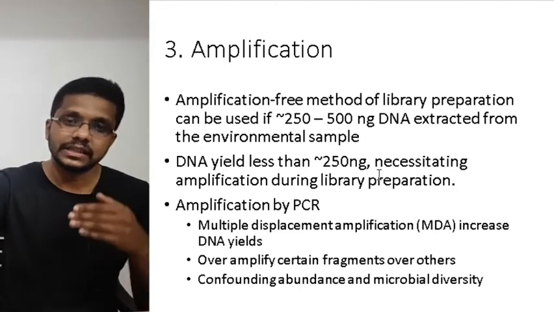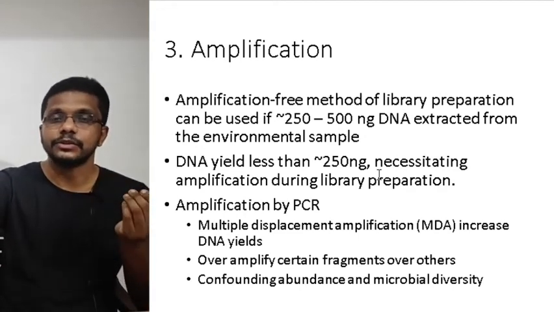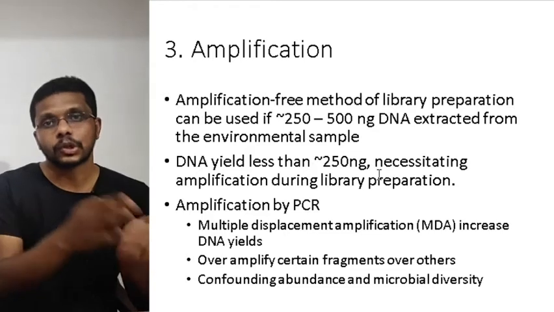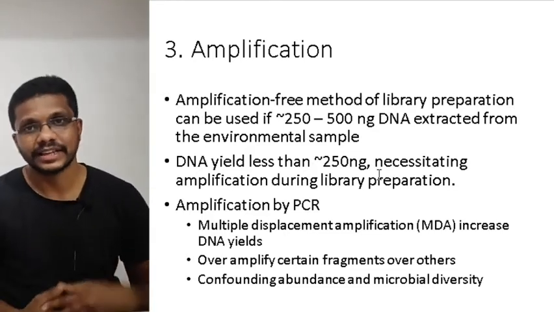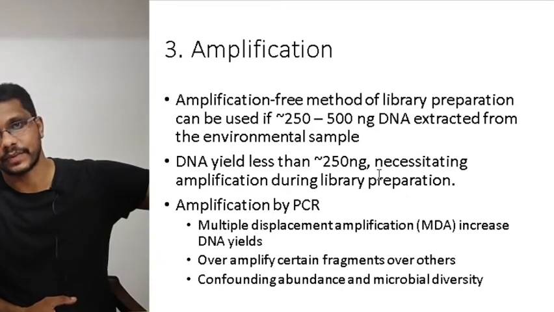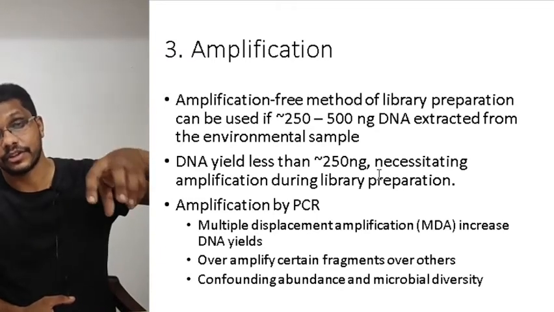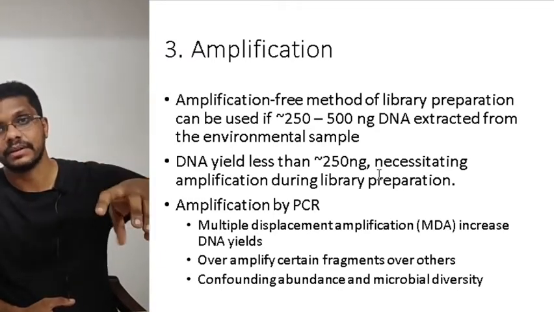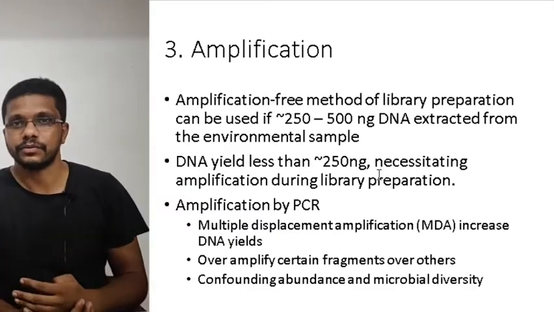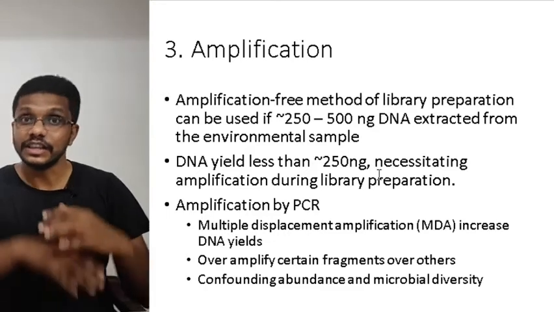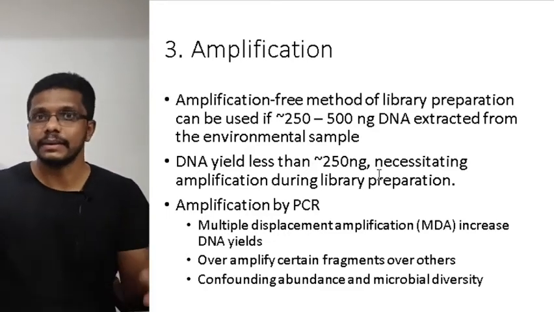In older days, after the amplification, we would clone this DNA into bacteria. We take the whole DNA from the environmental samples, and if required, we do the amplification, and this amplified DNA is cloned into Escherichia coli or some other organism to create genomic libraries or metagenomic libraries.